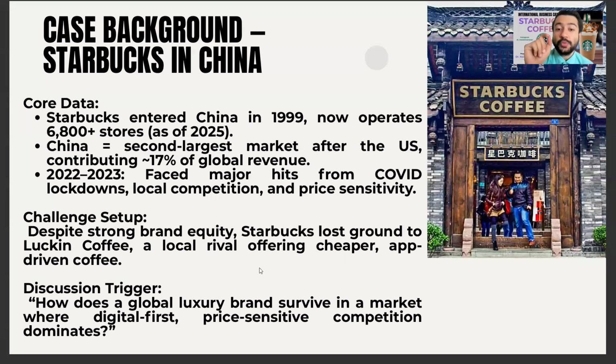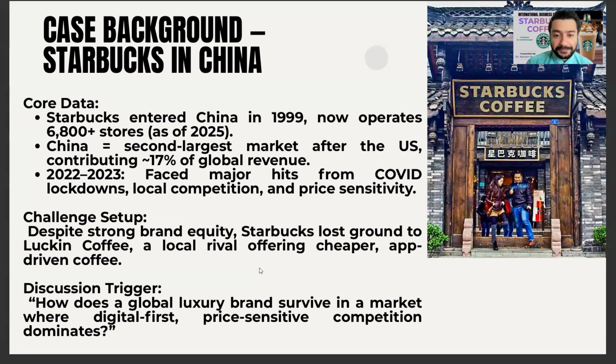The price was rupees 220 per coffee, I will show you in the next slide, versus Starbucks coffee at rupees 450. In rupees, I'm talking here. As Luckin Coffee was selling coffee at half the price of Starbucks, Starbucks got a severe and massive hit in its business. Then what happened? What type of discussion do we have to do here?